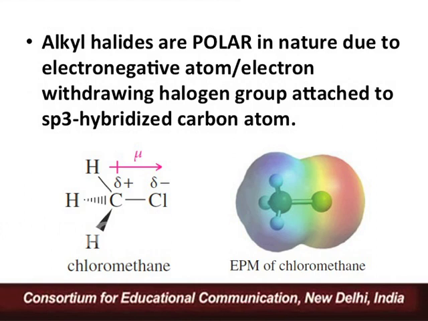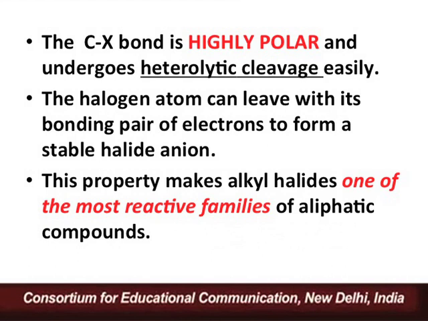The halogen atom is more electronegative as compared to carbon, hence it pulls the electrons towards itself through -I effect, as a result of which carbon has a partial positive charge and is electrophilic in nature, whereas halogen has a negative charge. As alkyl halides are polar, that means the C-X bond is highly polar and undergoes heterolytic cleavage easily.